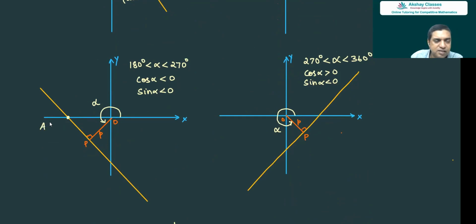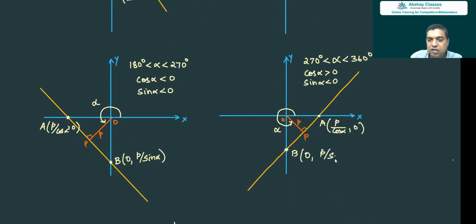So A is P upon cos alpha, comma 0. Here sin alpha is negative, cos alpha is positive.